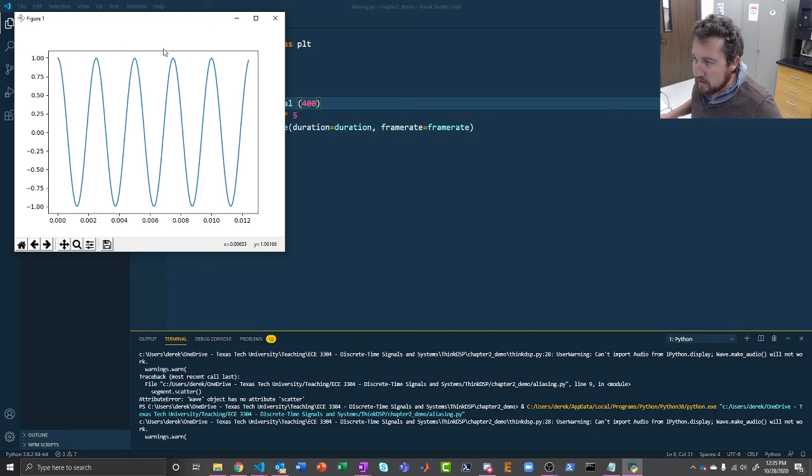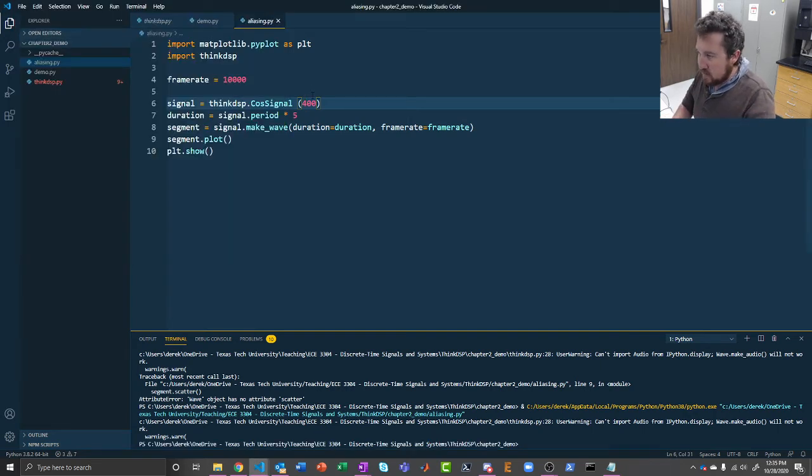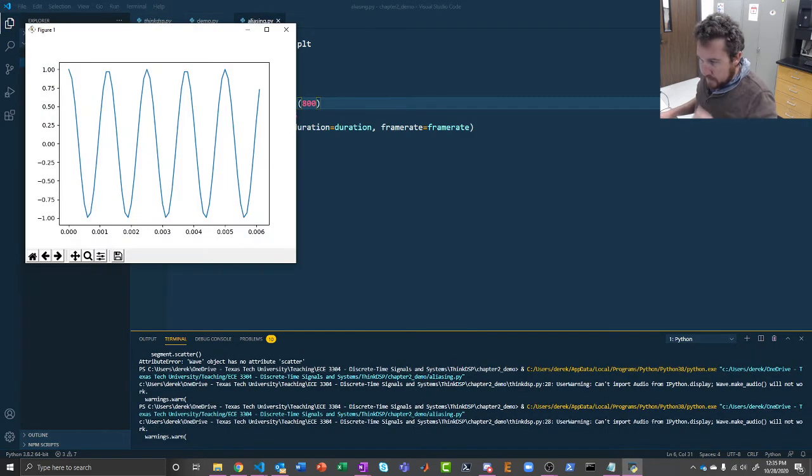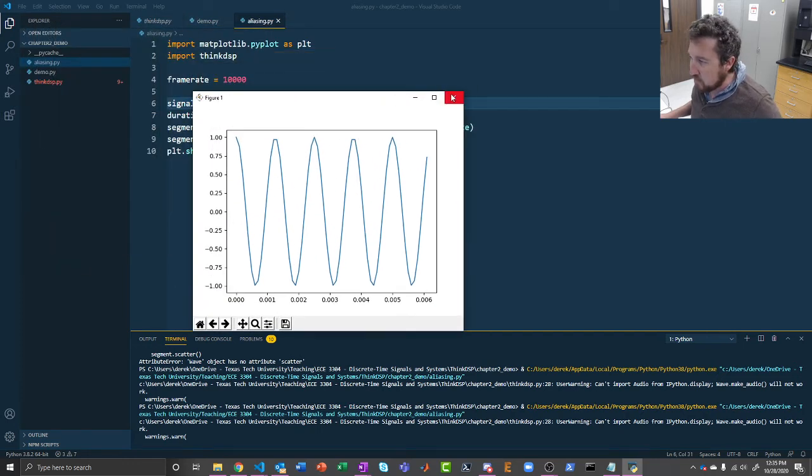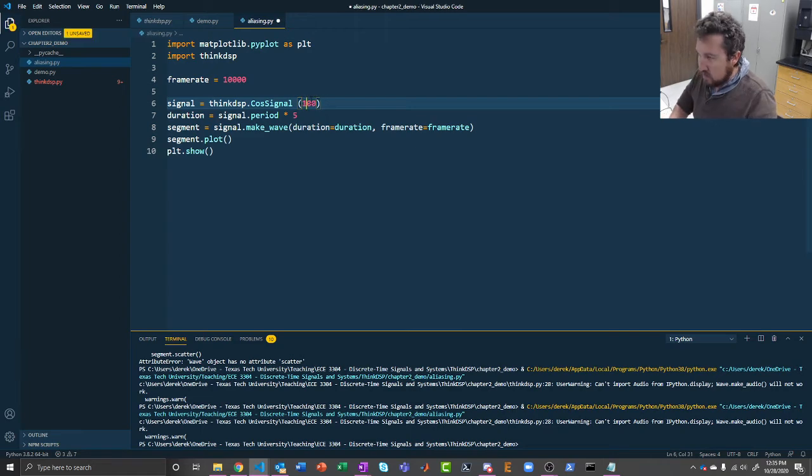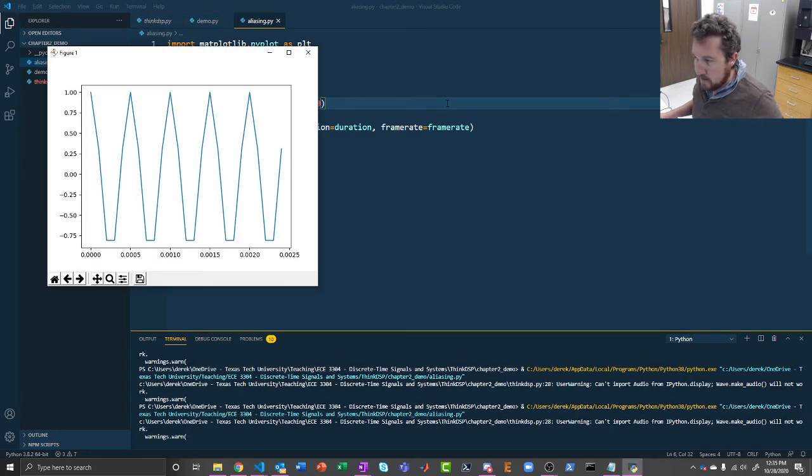It's not quite as clean as it was. If I crank it up to 800 hertz, now it's really starting to get choppy, right? We're starting to lose some of that frequency information. Let's go to like 2000 hertz. Bam, now it's really starting to look like a mess.